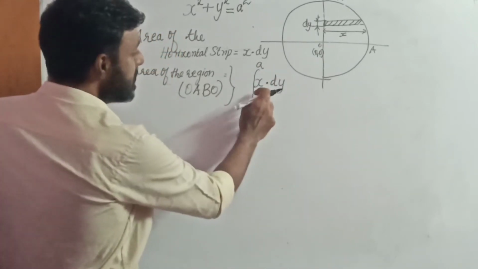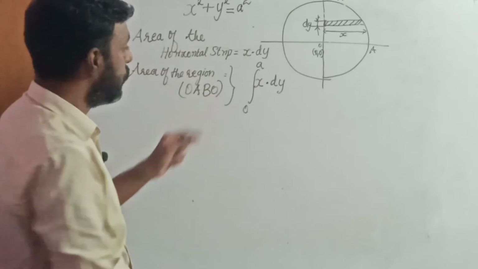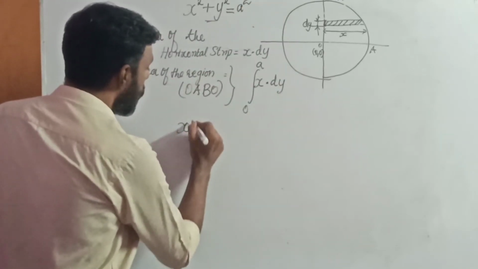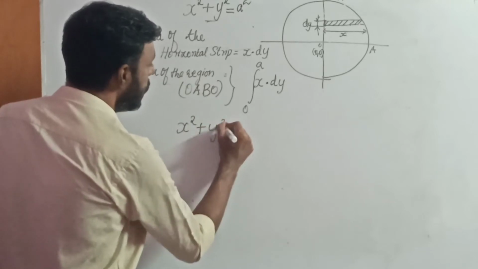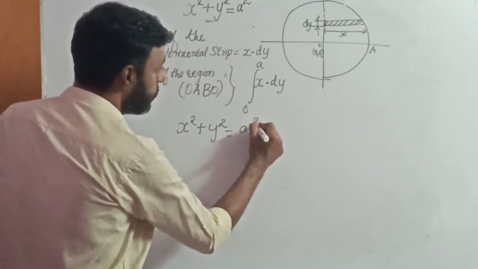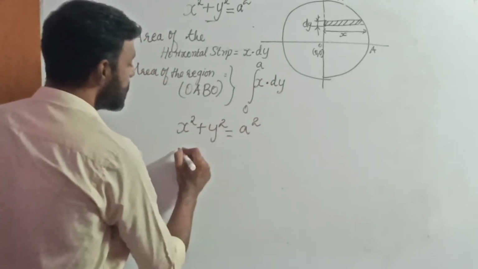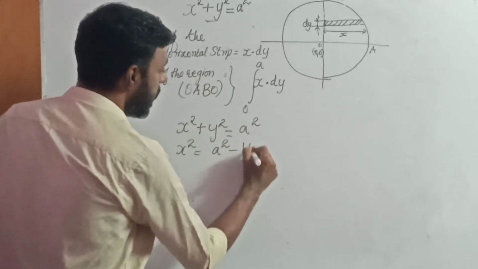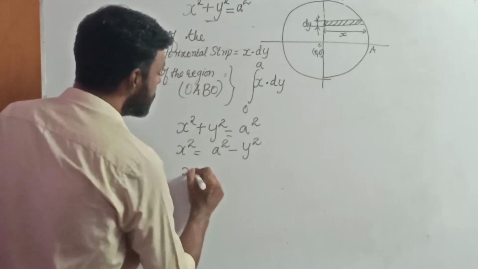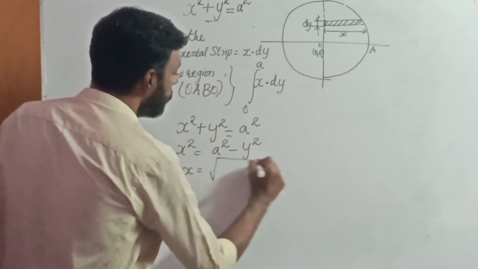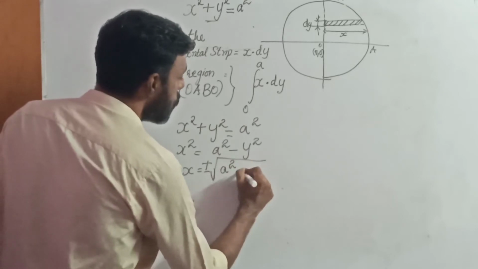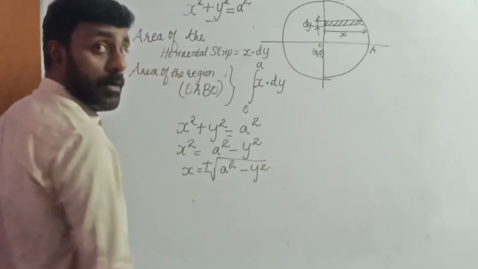So now what is the value of x over here? For that I'm going to consider the circle equation, x squared plus y squared equal to a squared. So what will be the value of x? x squared is equal to a squared minus y squared, or x equal to plus or minus root of a squared minus y squared. You got it?